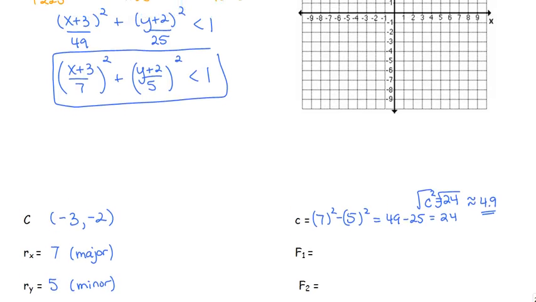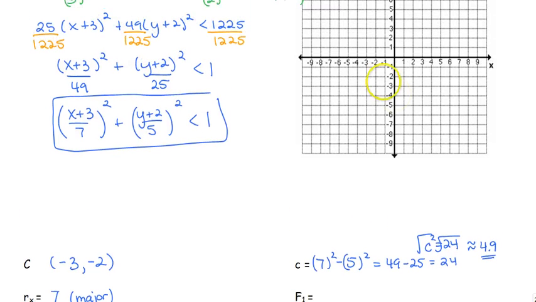So let's go ahead and start graphing this. Our center at negative 3, negative 2. And our r of x, our radius in the x direction is 7. So we go right 7, we end up at 4. Left 7, and we're at a negative 10. Our r sub y, our radius in the y direction is 5.